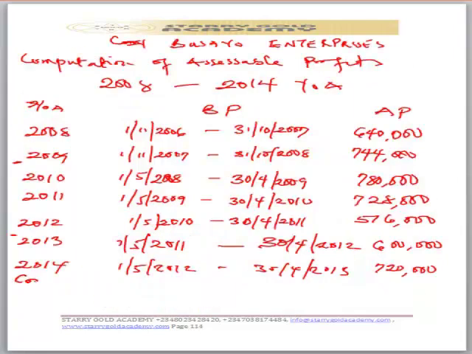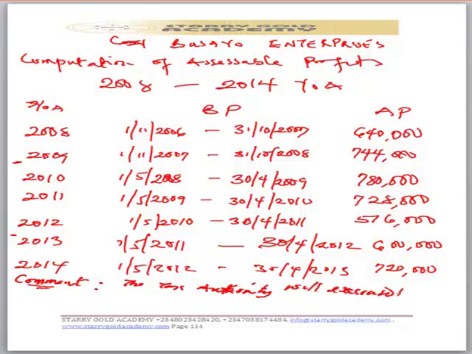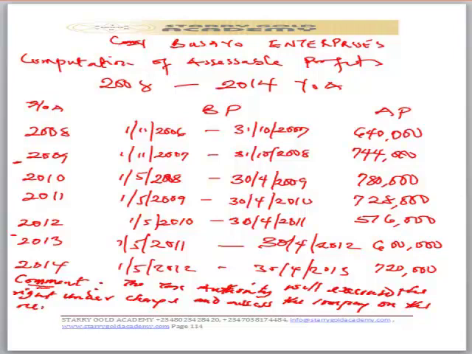So our comment here is the tax authority will exercise the right under change and assess the company on the new accounting date, because a higher revenue will be generated.